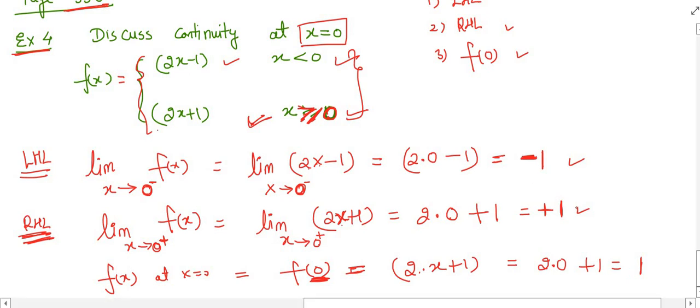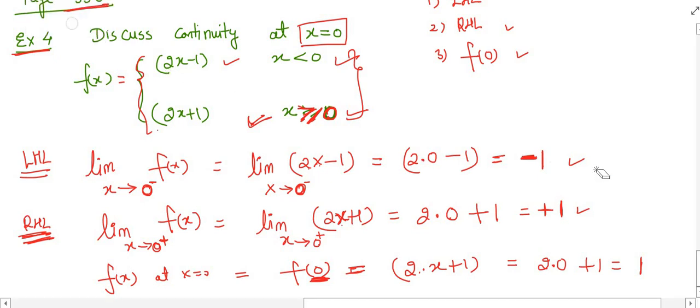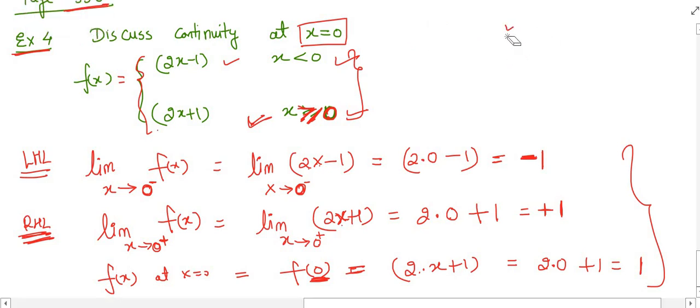Now after finding these three, we can observe that these three values are not equal. They are not matching. Okay, can I write LHL is not equal to RHL, but RHL is equal to function value.